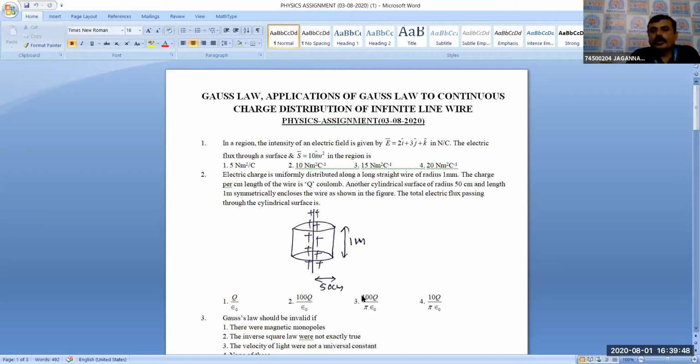So here the question is related to electric flux. Check this one.